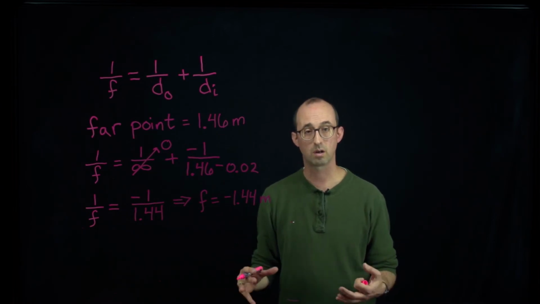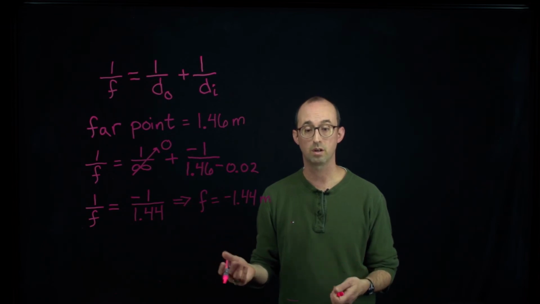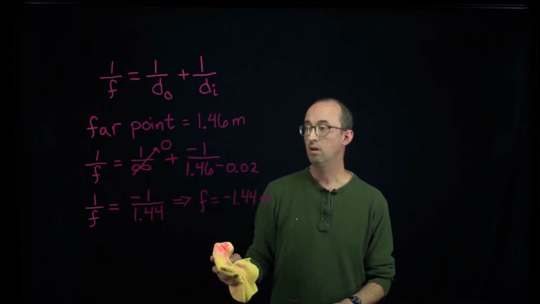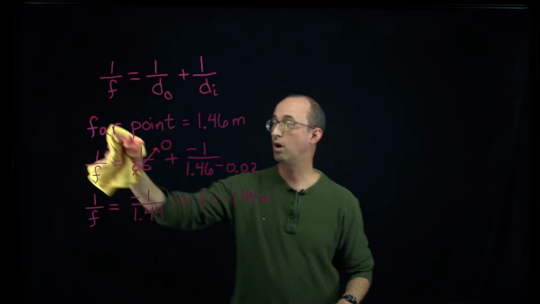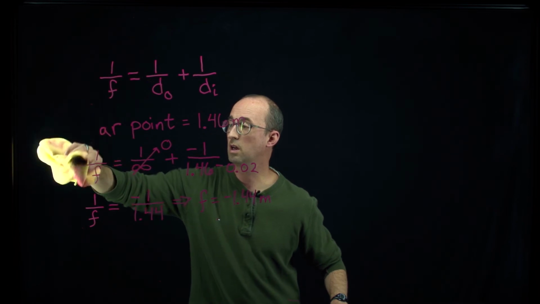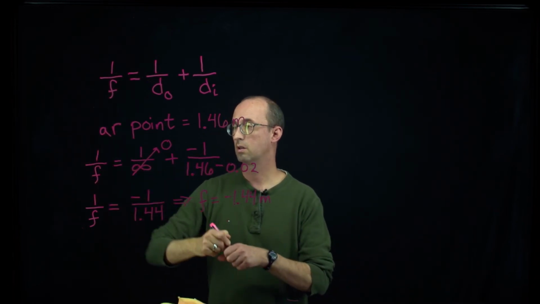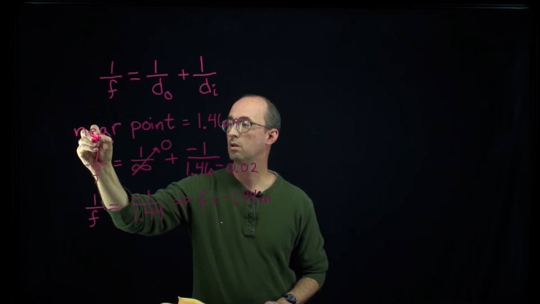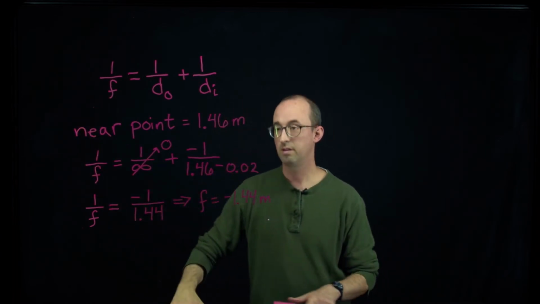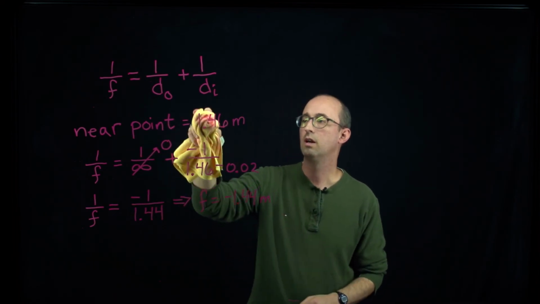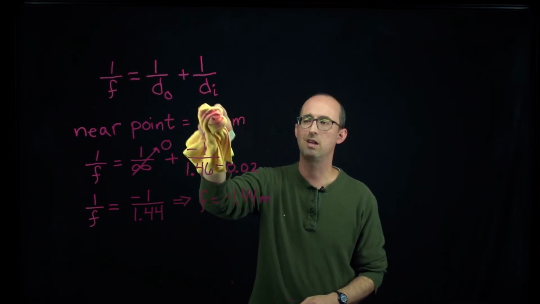Now let's talk about people who are farsighted and how to correct their vision. For these people, we're not going to talk about the far point. We're going to talk about their near point. The person with perfect vision has a near point of about 10 centimeters.